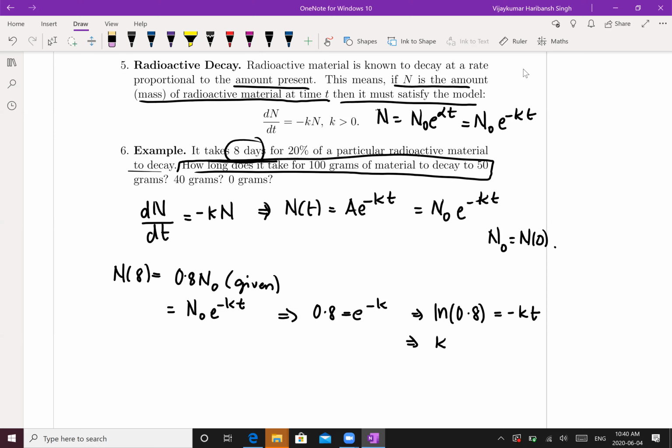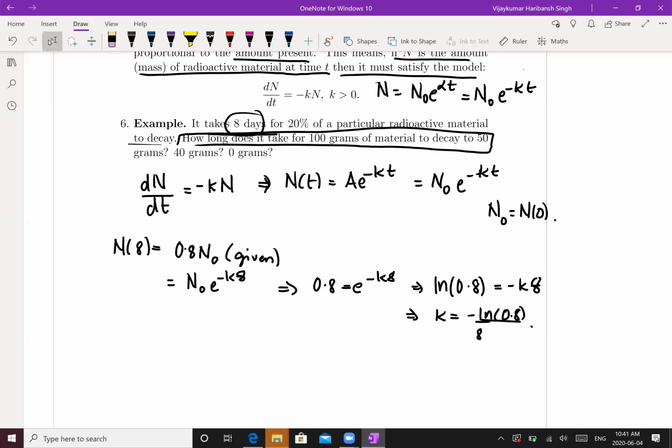Because we are looking at N of 8, time t has to be replaced by 8. So we get k equals minus 1 by 8 ln of 0.8. So this is your k.